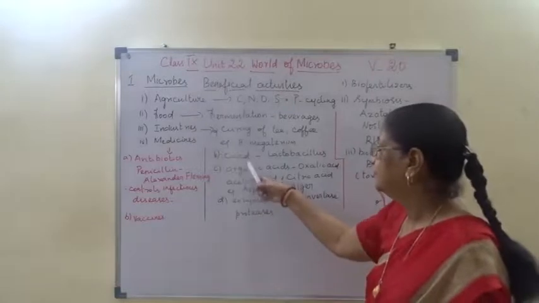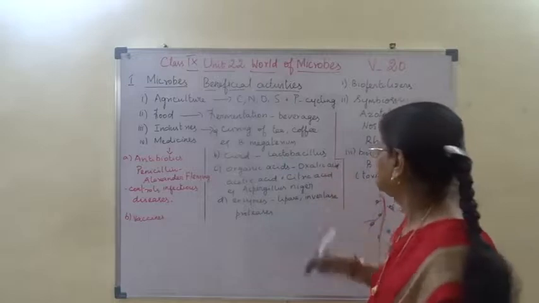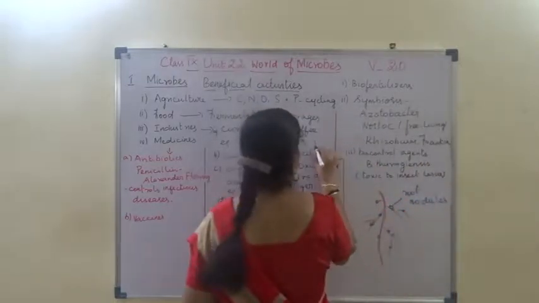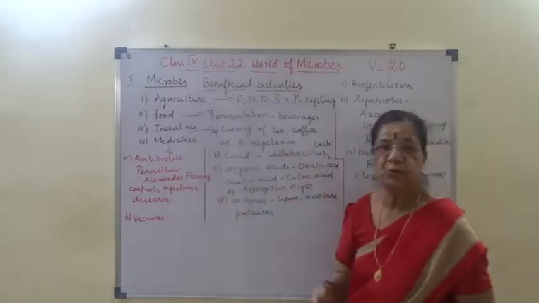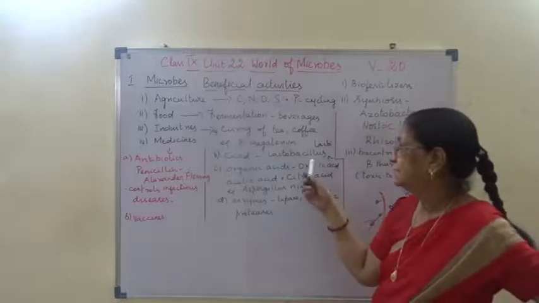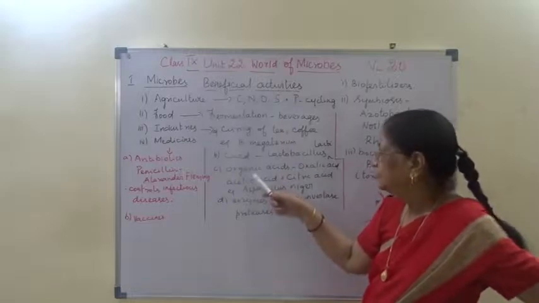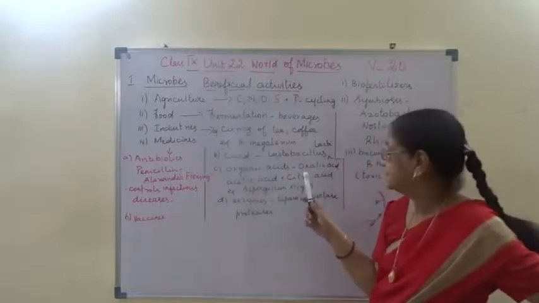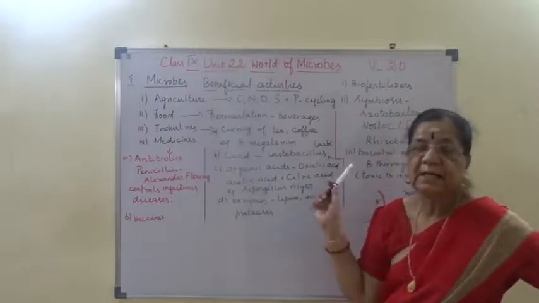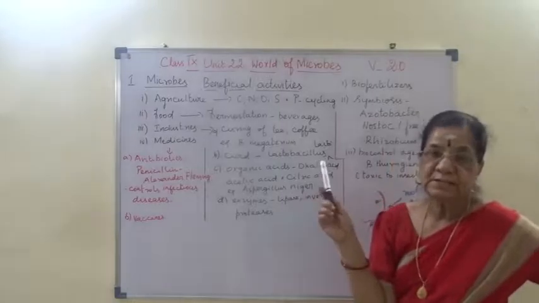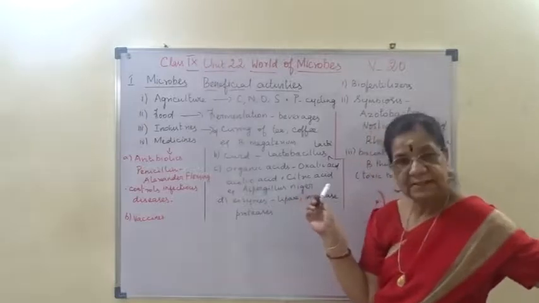Okay? And then Lactobacillus lacti, species name Lactobacillus lacti. It is changing milk into curd. Then some organic acids such as oxalic acid, acetic acid and citric acid are produced on a large scale in the industries by the action of Aspergillus niger.